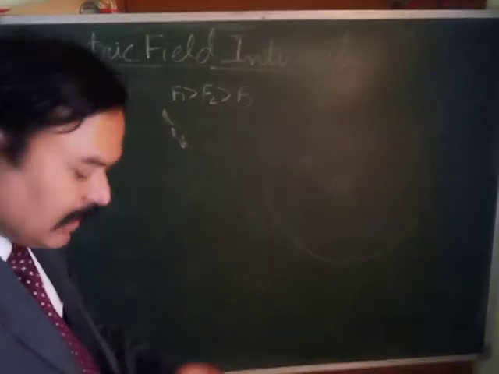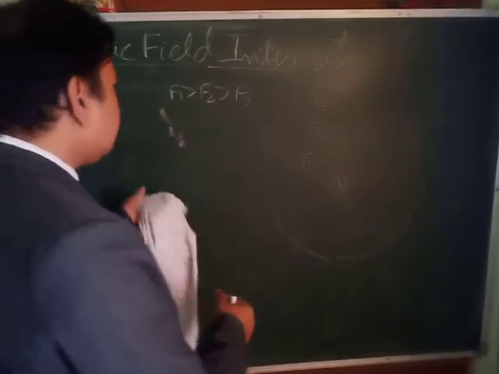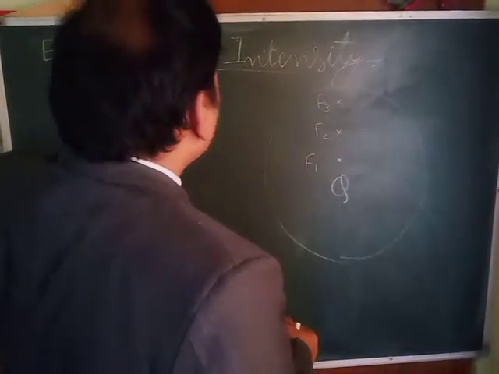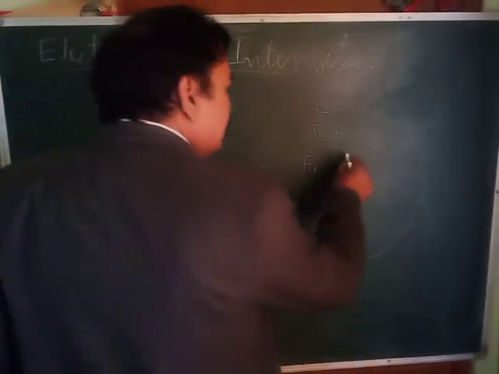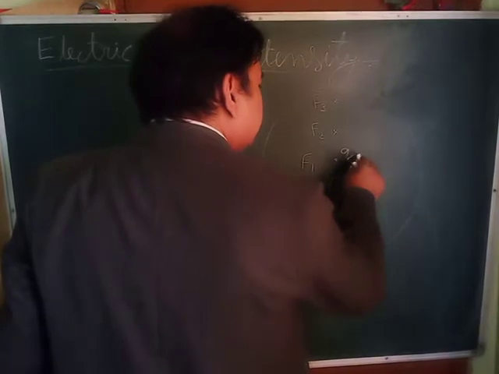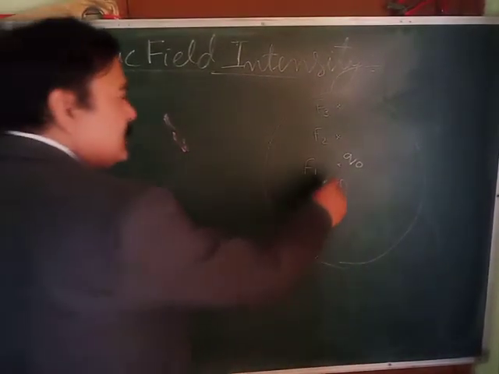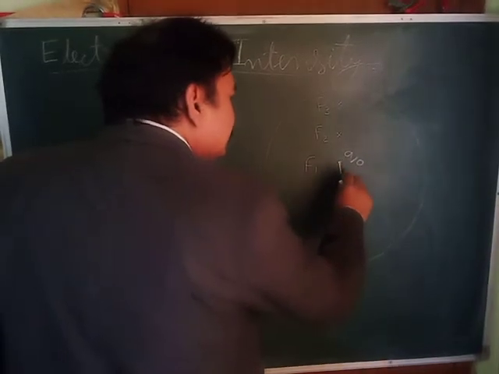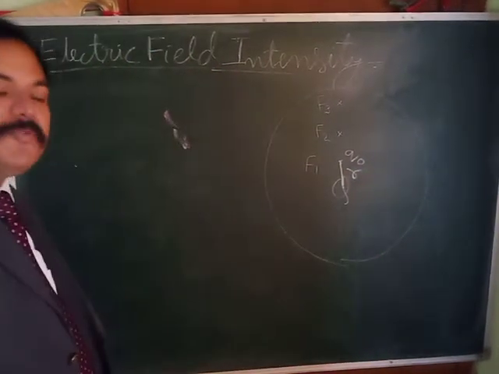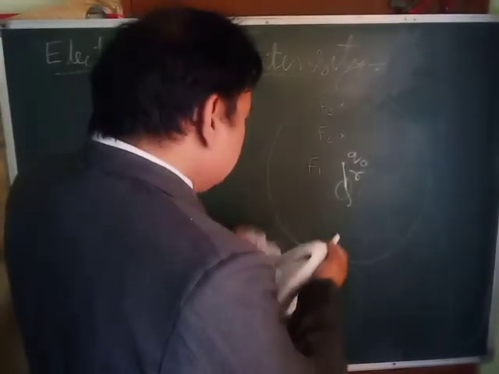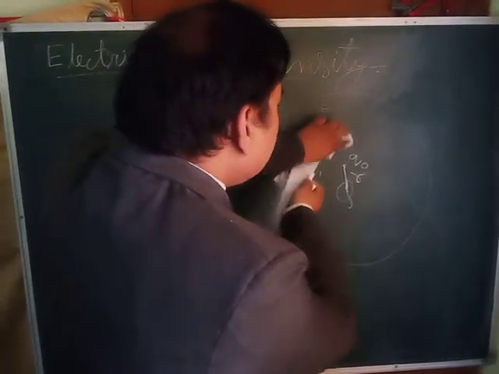Now, according to the definition, suppose you are keeping here a charge, say q naught, at a distance r from this charge Q. How much force will this q naught charge experience? According to Coulomb's law, we can calculate that.